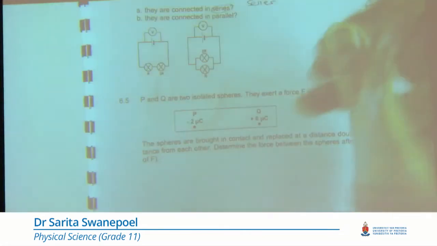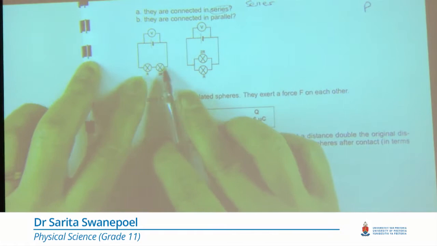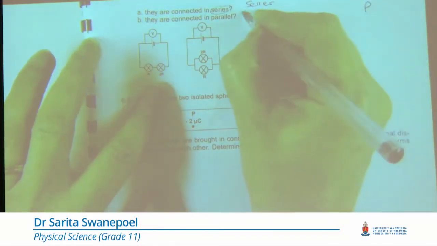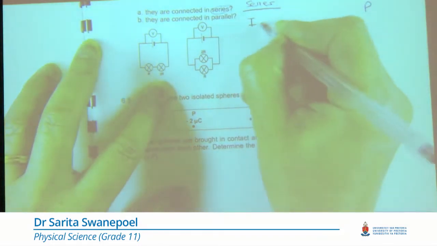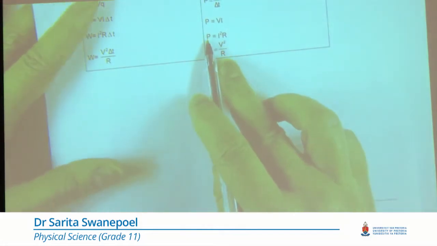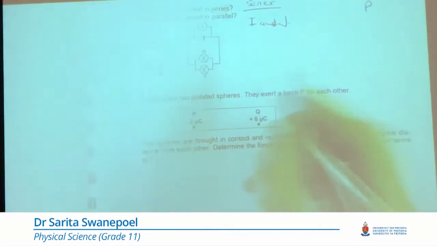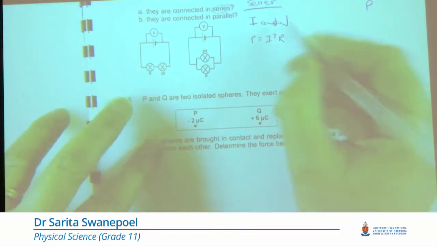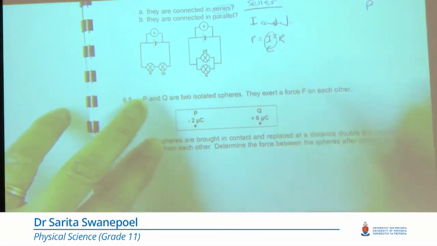So let's go back. If they are in series, what is constant? What is the same for bulbs that are in series? Nice. If they are in series, then current is my constant. So which equation will I use now? Now I use P equals I squared R, because now I know current is constant.